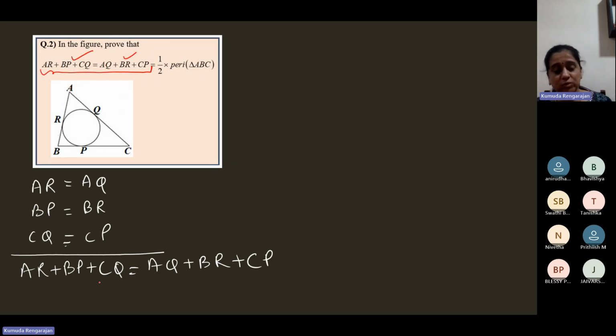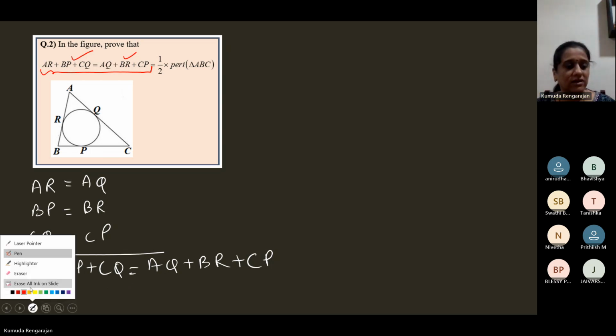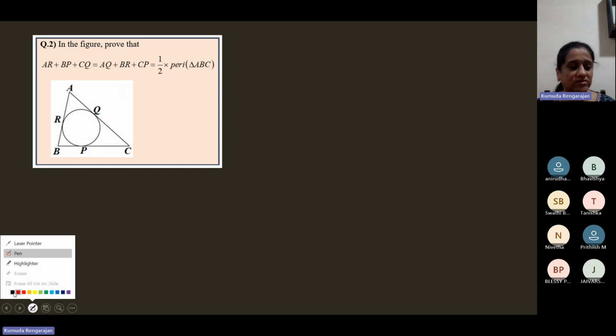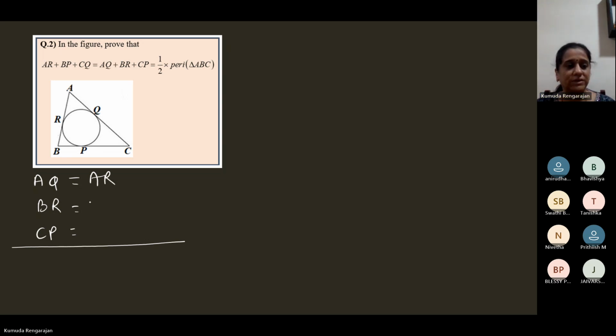Now we have to prove that these two are equal to half the perimeter of triangle ABC. Sometimes simple things are difficult, so you can also write AQ, BR, CP and then put an equal sign. Now AQ is equal to AR, BR is equal to BP, and CP is equal to CQ.